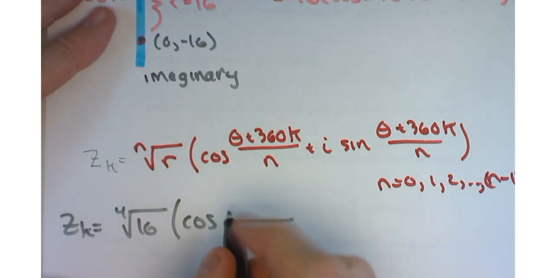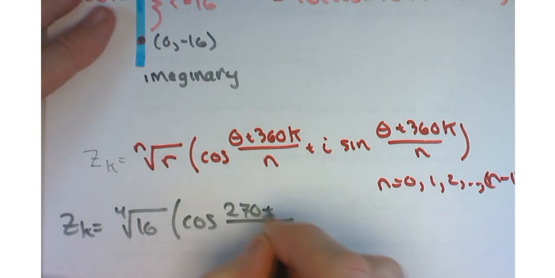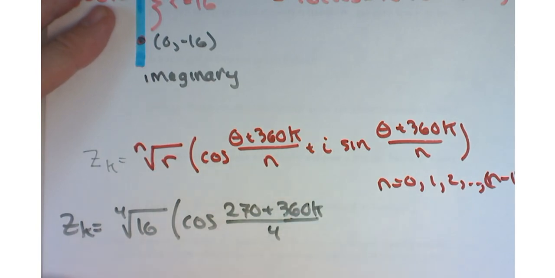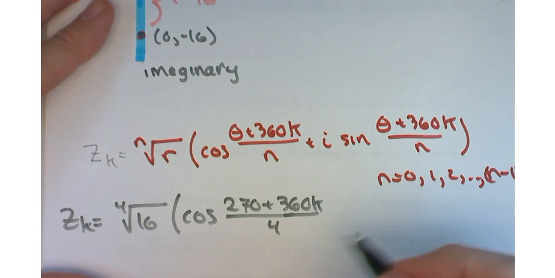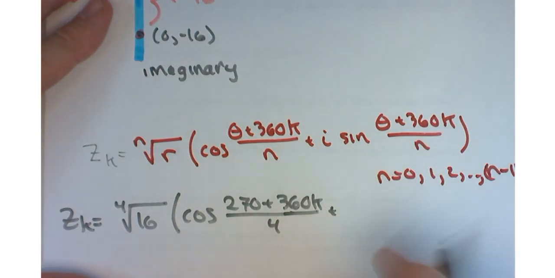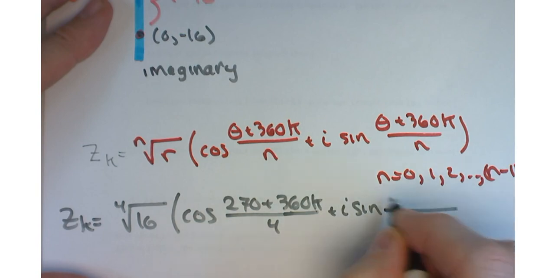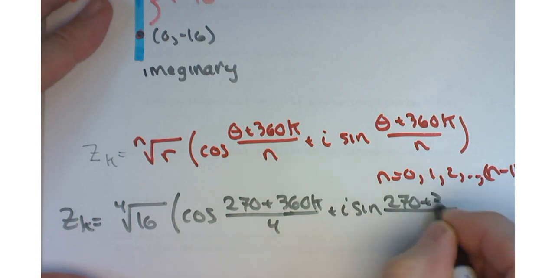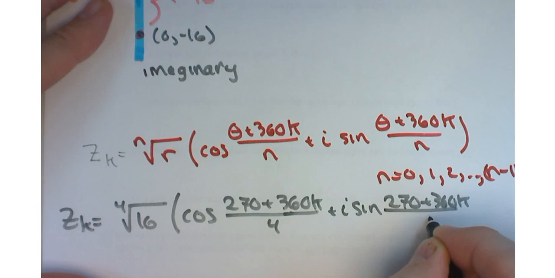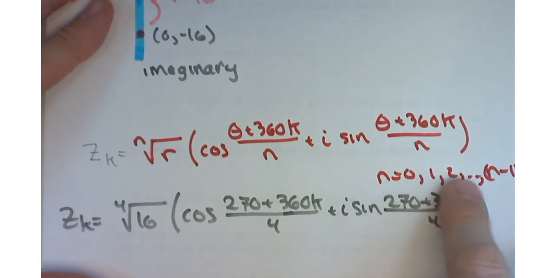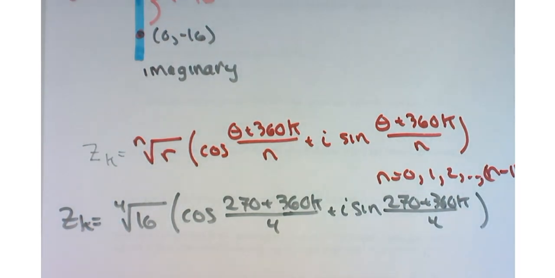Theta was 270 plus 360 times k over 4. And then you're going to have plus i times the sine of that same angle. So i times the sine of 270 plus 360k over 4. And that's for k equals 0, 1, 2, all the way up to n minus 1. So it's going to be 0, 1, 2, and 3 for us in this particular problem.